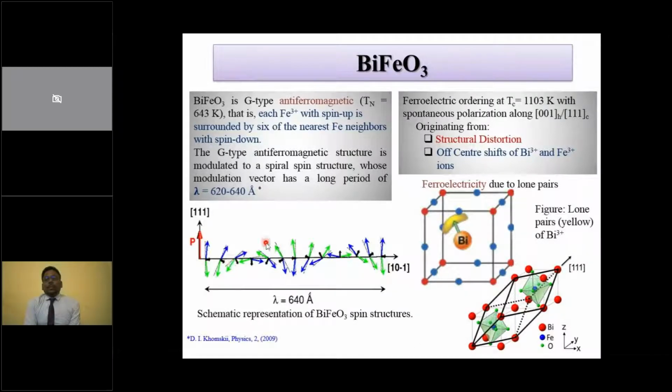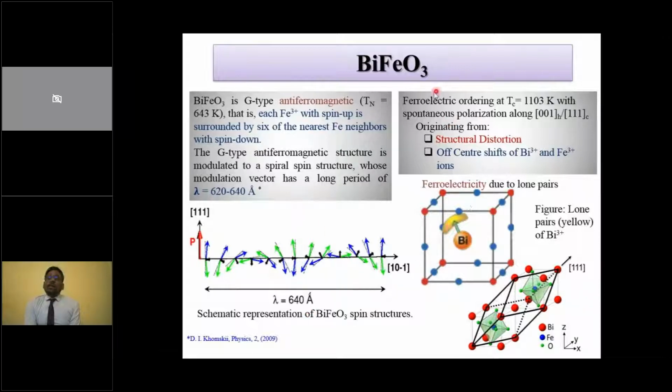The central Fe3+ ion is surrounded by the nearest Fe ions that have spin down, and the central one is spin up. This is the antiferromagnetic type, and this cycloid type is known as G-type antiferromagnetism.